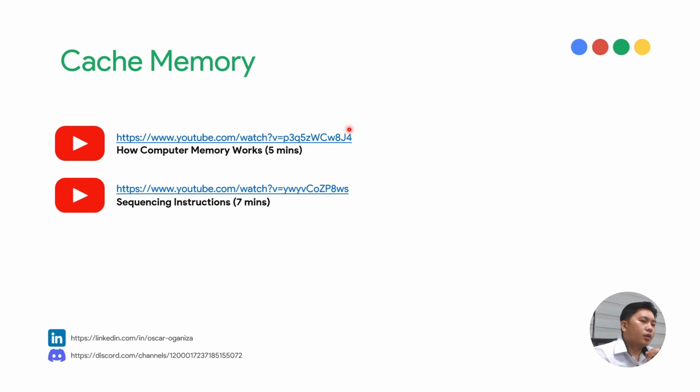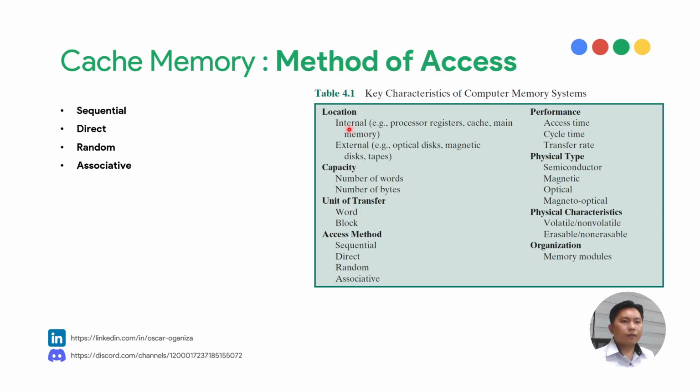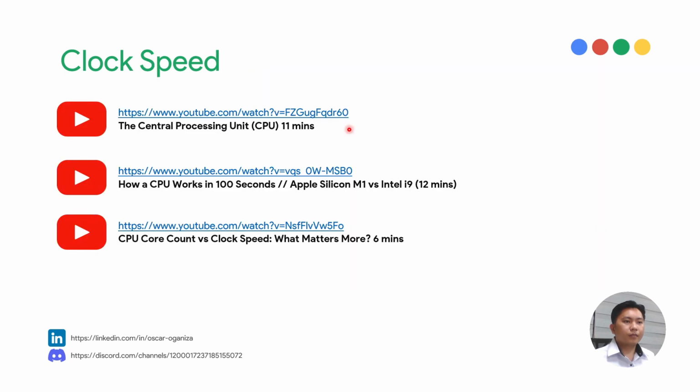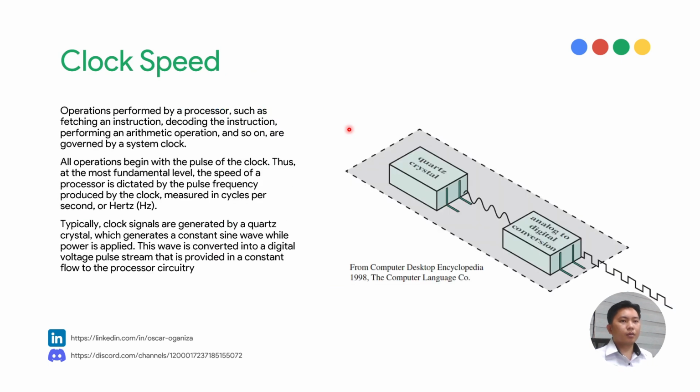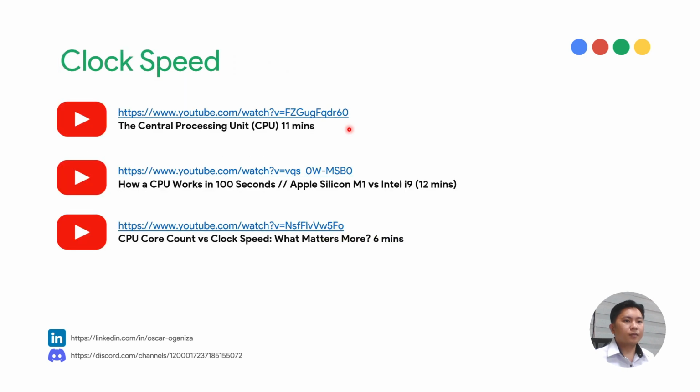So to summarize, we're able to tackle the last slide in our prelims, the clock speed, and we're able to grasp how CPU core counts work, the CPU speed, and which of the following matters most: the core count or the clock speed.